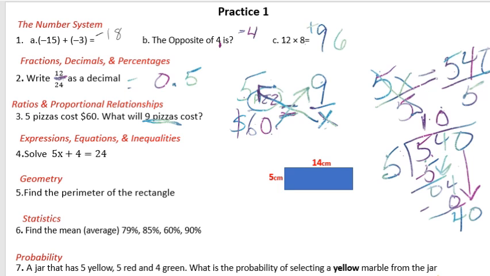So now I have 40. 5 times what number is close to 40? Well, 5 times 8 is exactly 40. So I can use that one. And that leaves me with 0. So there's my answer right there. So 9 pizzas, which is x, costs $108.